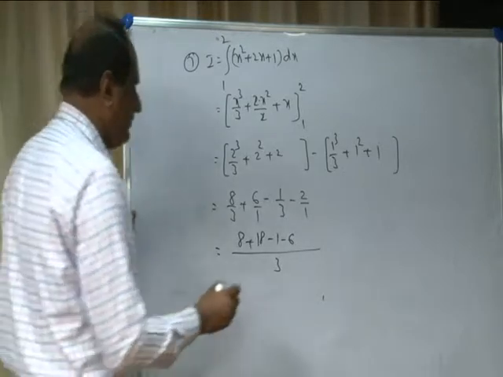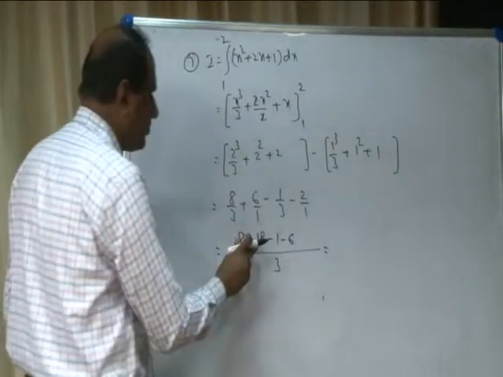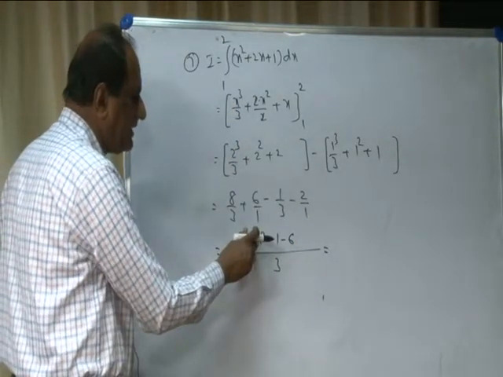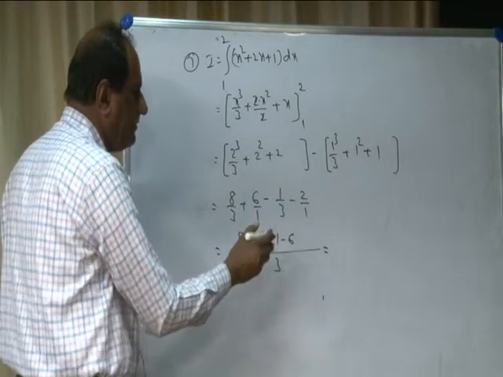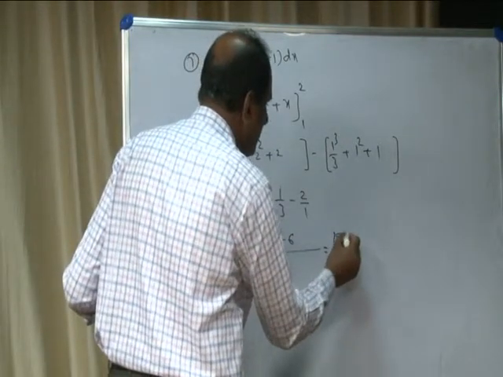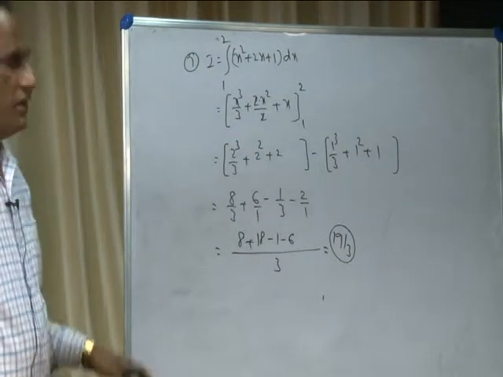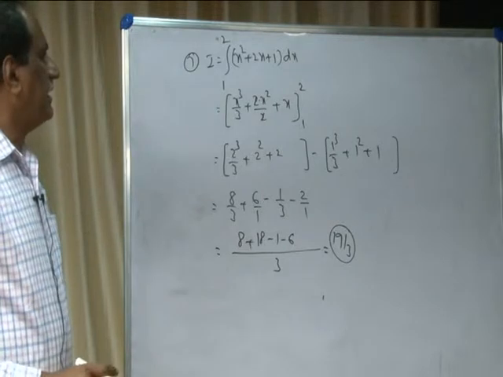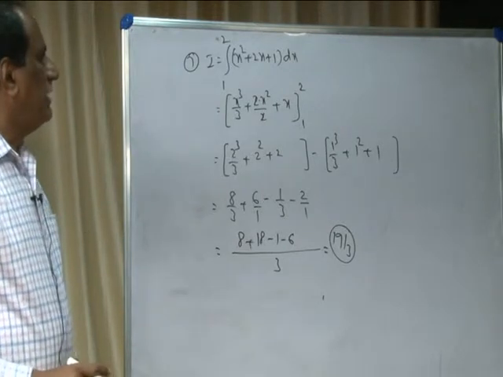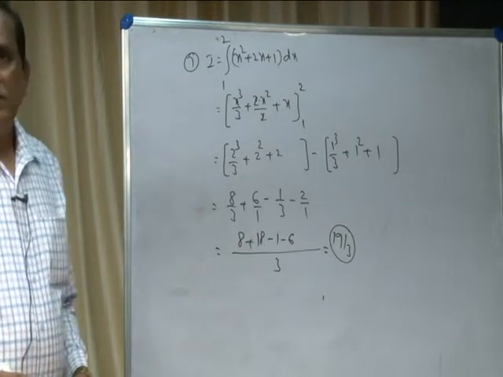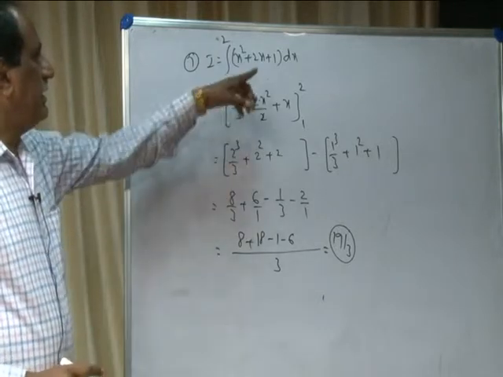So, totally 18 plus 8 is 26, 26 minus 6 is 20, minus 1 is 19 by 3. So, this is the constant value obtained for the given definite integral, that is the integral from 1 to 2 of x square plus 2x plus 1 dx.